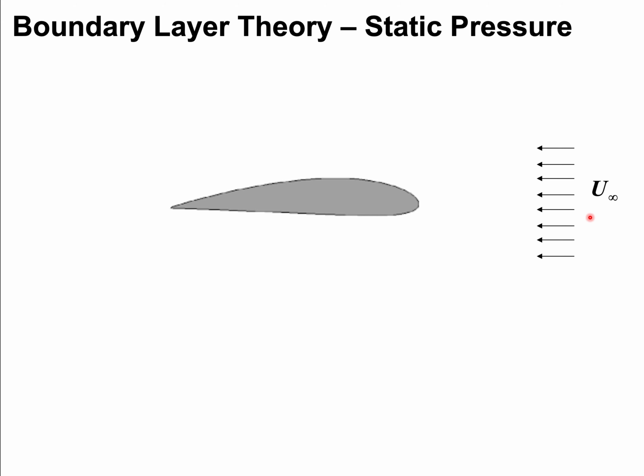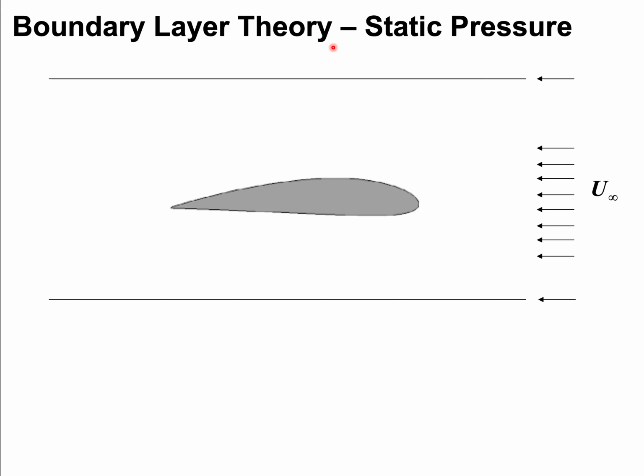Far away from the object, we have the flow coming at u infinity. And that's upstream of the object, but if I go laterally to the object, I also have the flow going past at u infinity.